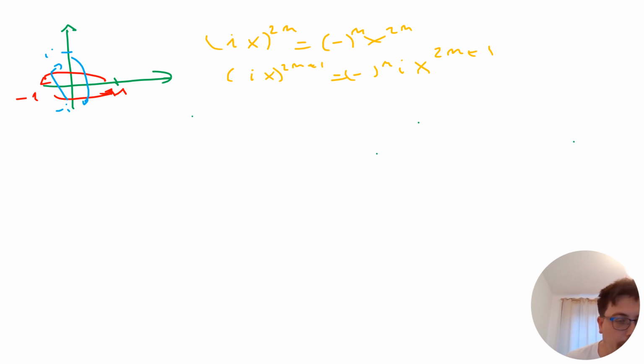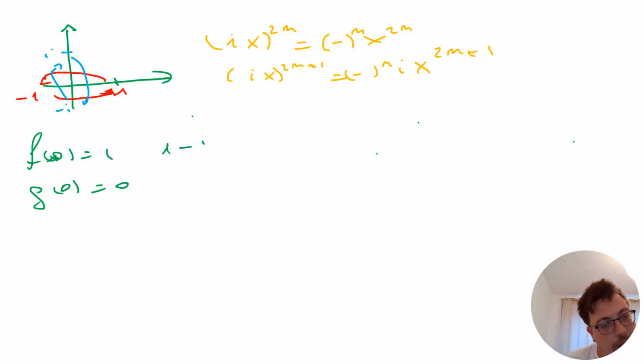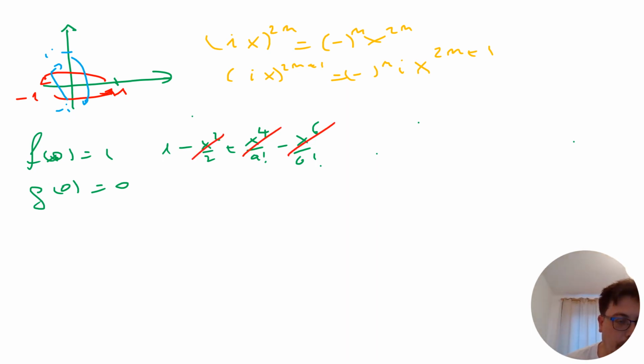Okay, so we start with the fact that f of 0 is 1 and g of 0 is 0. This is true because if we look at the function's first bits and we plug 0 in for x, this goes away, this goes away, this goes away, and we are left with 1.